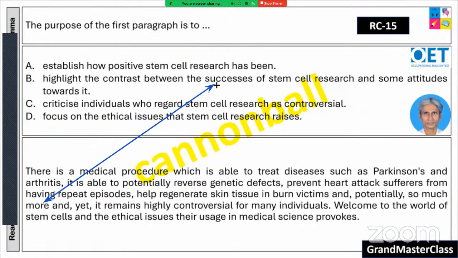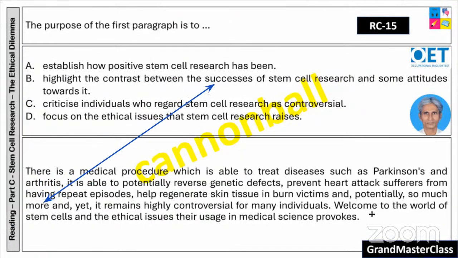These are the successes, and so much more. All these till here. Okay, before and after, a type of differentiation we can make here.